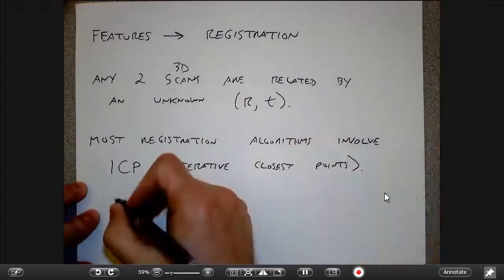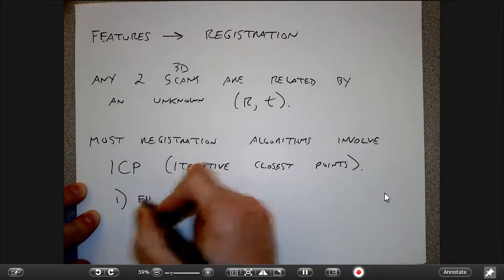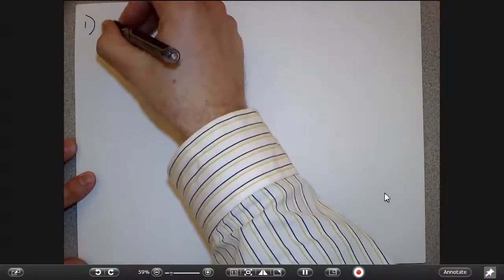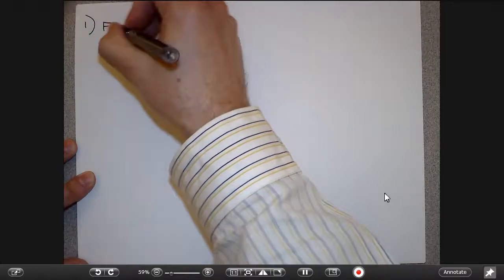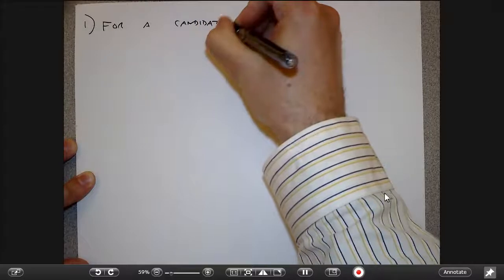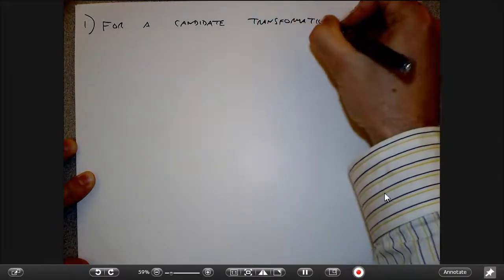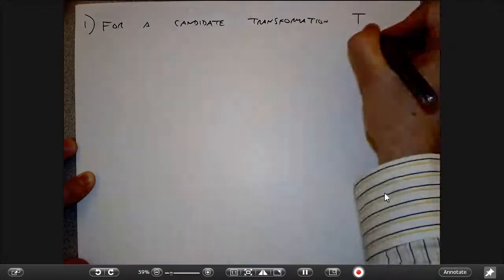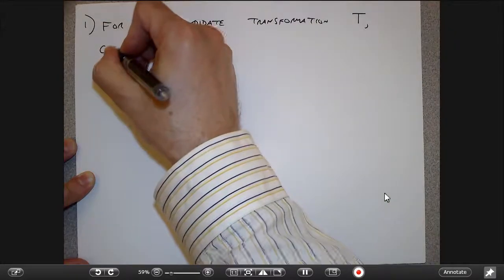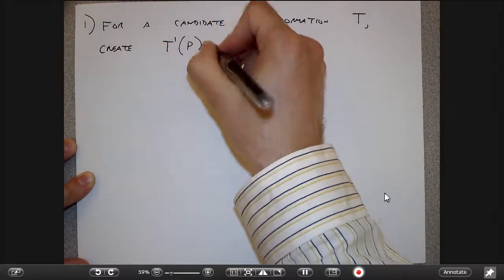Basically, the first step of ICP is, maybe I should write this on a different piece of paper. For a candidate transformation, let's call that T, create T of P, which I'm going to call P prime.